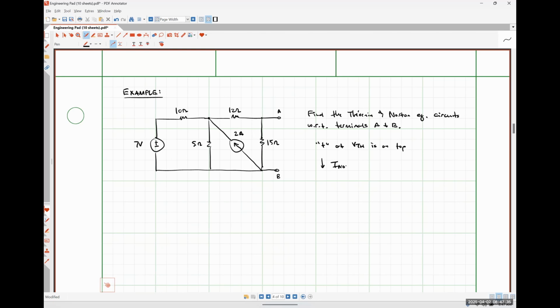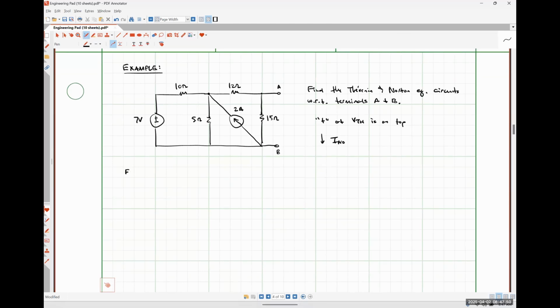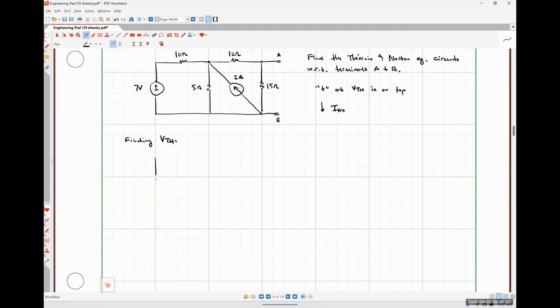So which of these three quantities do you guys want to solve for first? The Thevenin resistance, the Thevenin voltage, or the Norton current? Thevenin voltage, okay? So redrawing my circuit.